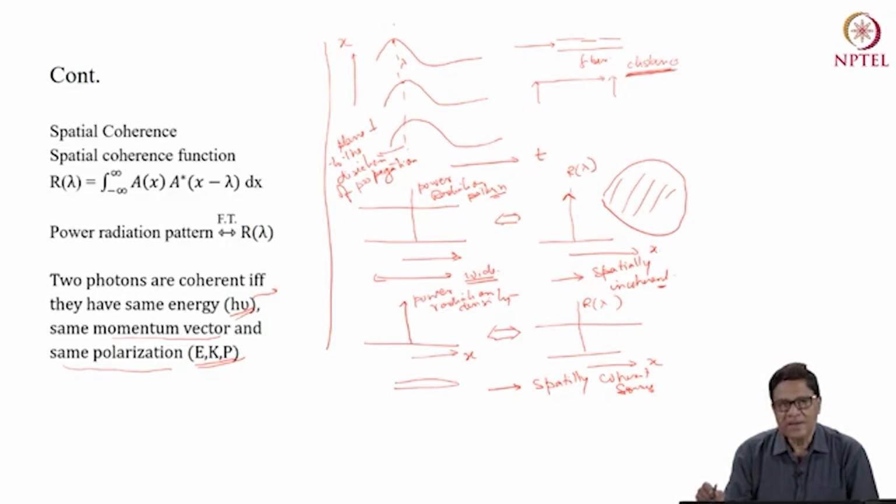If the laser is temporally coherent, that means it is emitting an almost monochromatic source, but in actual practice you don't have a perfectly monochromatic source. So there is some bandwidth delta lambda. We'll discuss this delta lambda a little later.